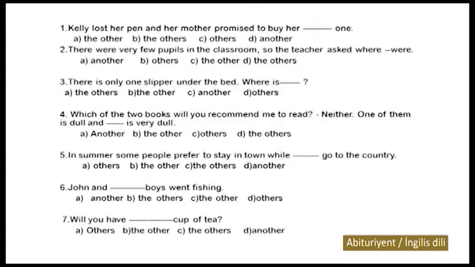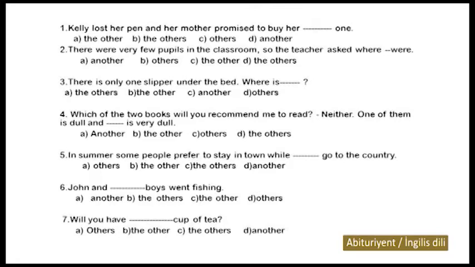"Kelly lost her pen and her mother promised to buy her gap one." The other one, or the others, or another one. Mother promised to buy her one more. It means additional. Our answer is D. We can't use "the others." Why not "the others"?